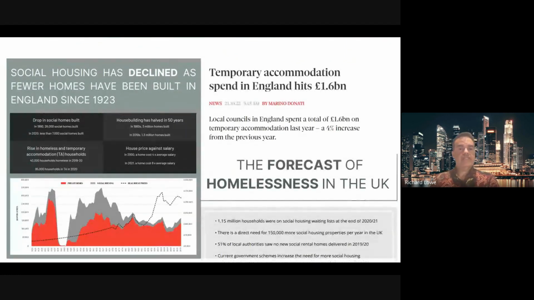Now here we have some data on social housing, and if I draw your attention to the bottom left-hand graph in red and grey, we can actually see that social housing goes back 100 years. In fact, it was started really soon after the First World War. In the red is the number of units being built for private residences, and in grey is the number of units being built in social housing.